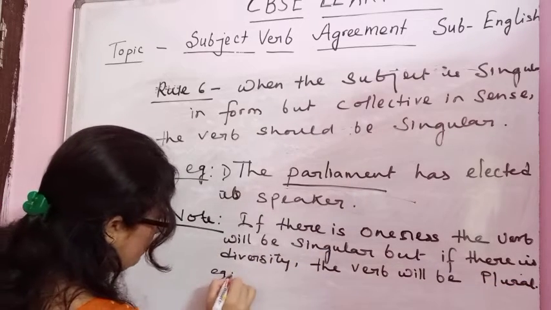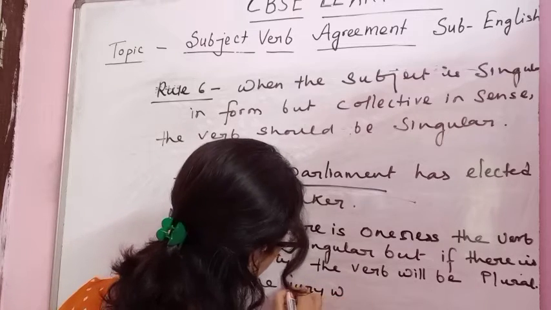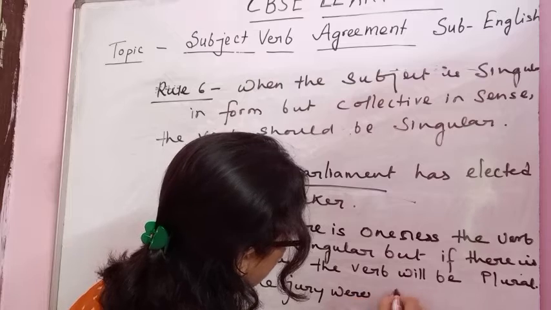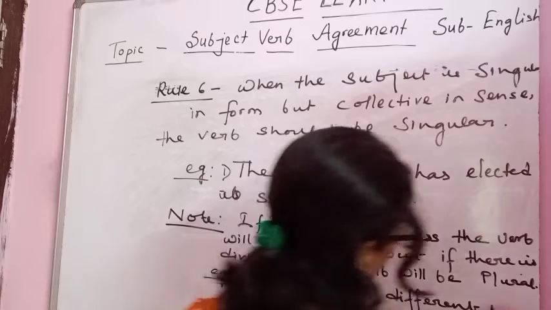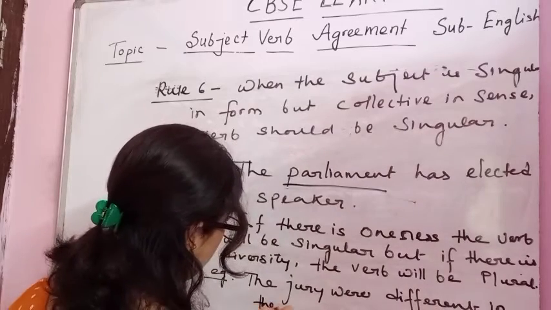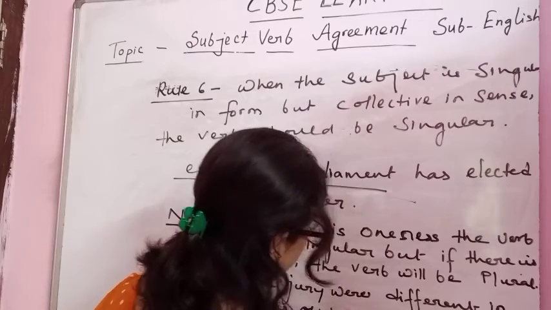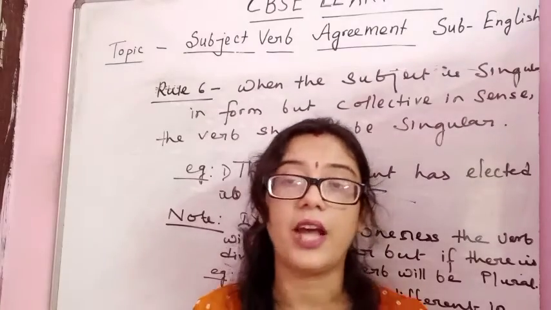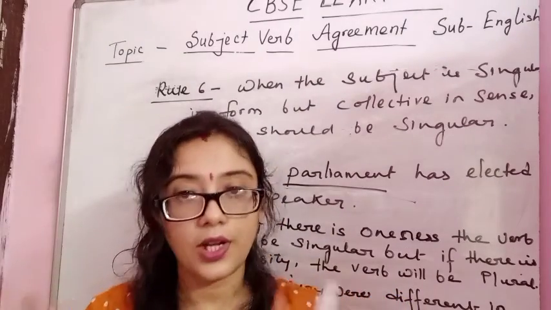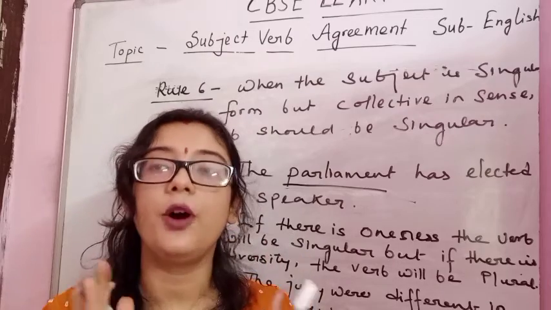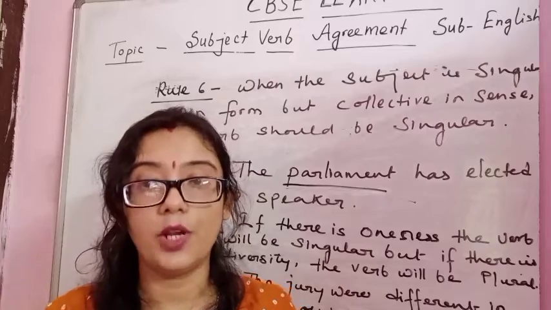For example, the jury were different in their opinions. Here they are giving you the idea of diversity, not oneness, so you have to use the plural verb. So, clear: if there is oneness, the verb will be singular, but if there is diversity, the verb used will be plural.